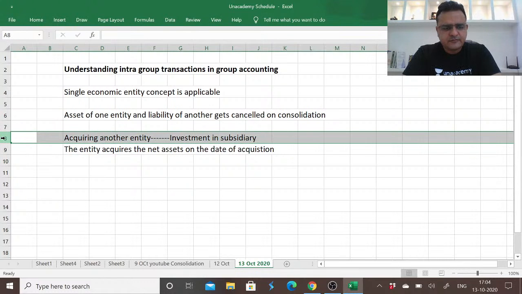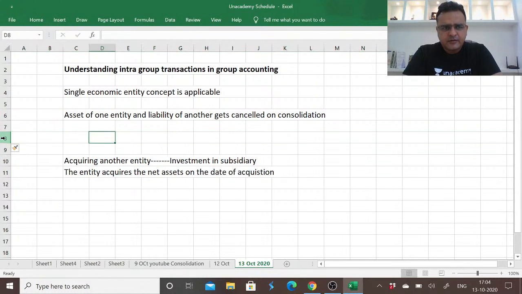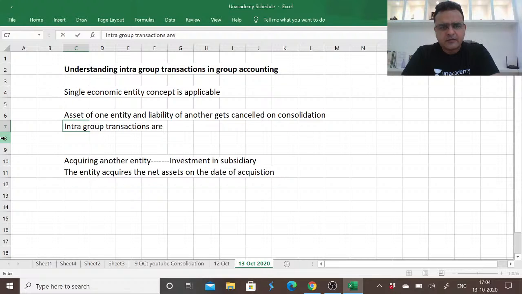Second, intra-group transactions are eliminated in full because they inflate the revenue, they inflate the cost of sales.